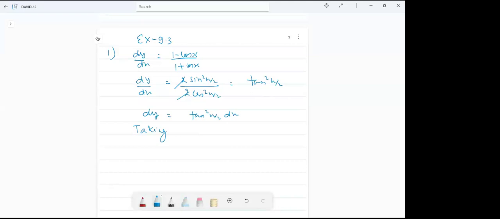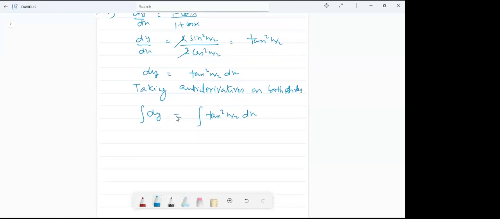This is an identity. And 1 plus cos x is 2 cos square x by 2. The 2 will be cancelled out, and here we have tan square x by 2, since sine over cos is tan.